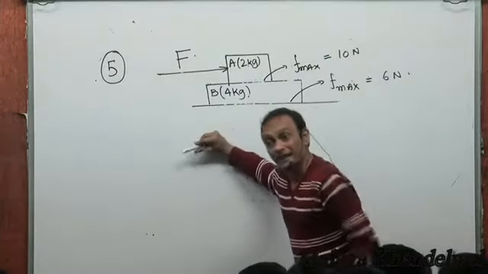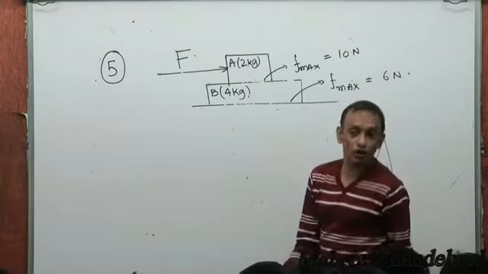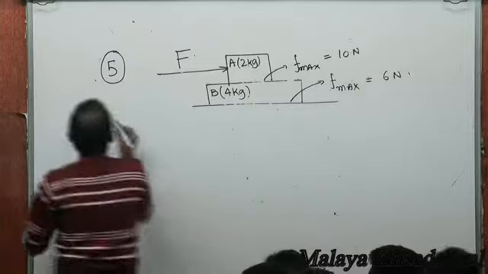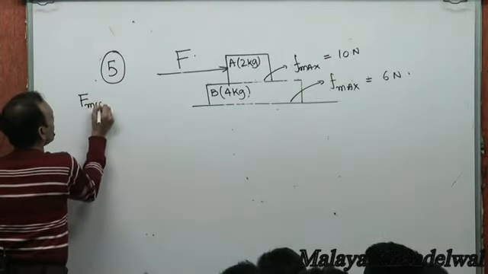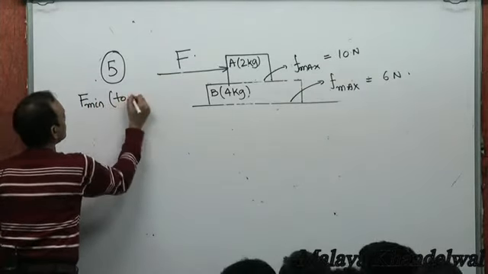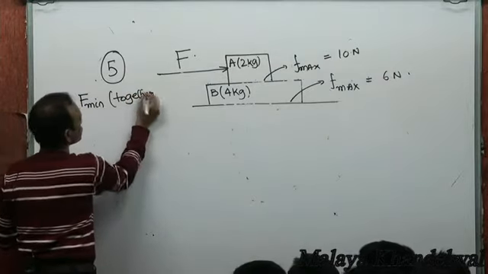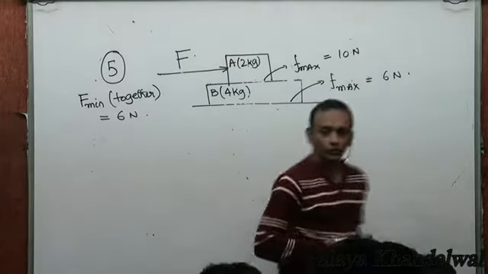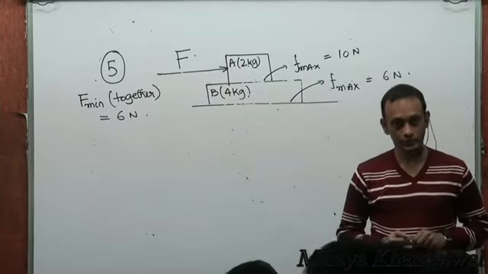So F min must be 6 newtons so that they could move together. Yes or no? Right?